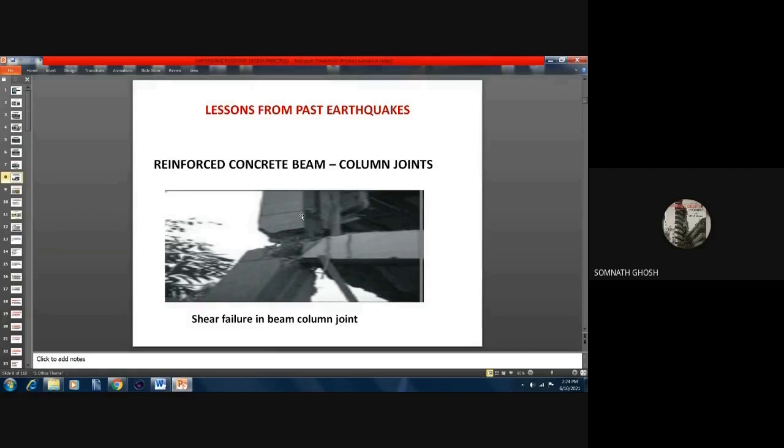But from this picture, you can easily see that the column beam joint suffered a lot and ultimately led to shear failure.